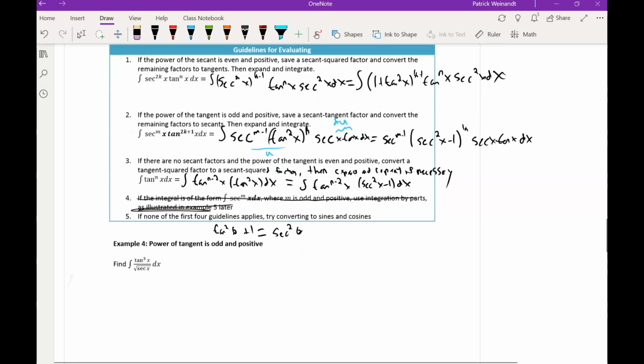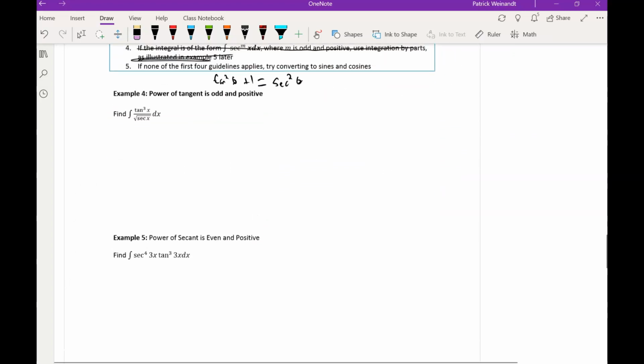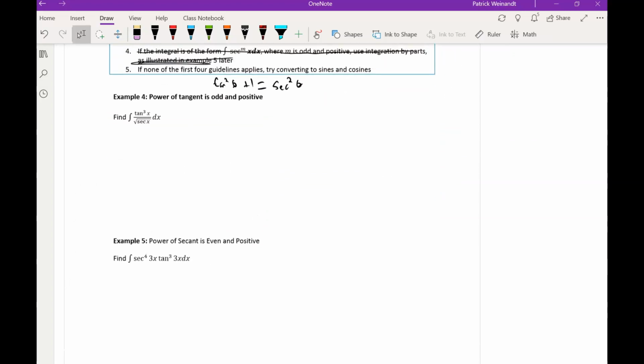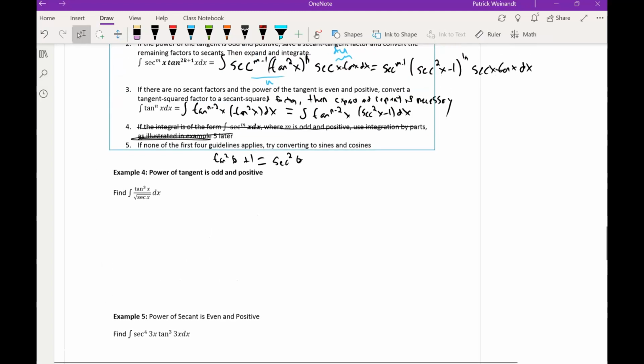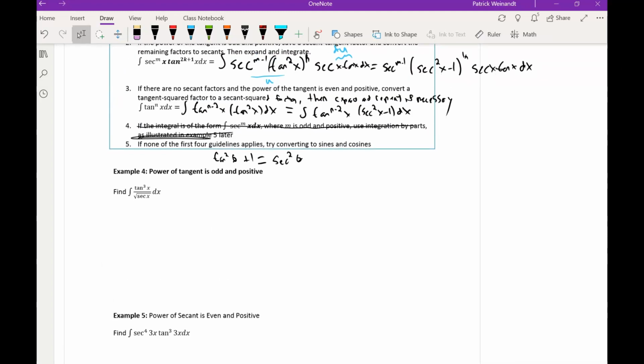So in example 4 here, the power of tangent is odd and positive. Since we have a tangent term and a secant term, and the power of tangent is odd and positive, we're going to apply the second rule, which tells me that I want to get everything in terms of secant and then save a secant tangent term.